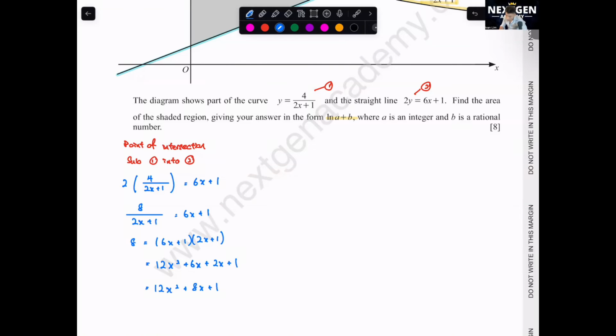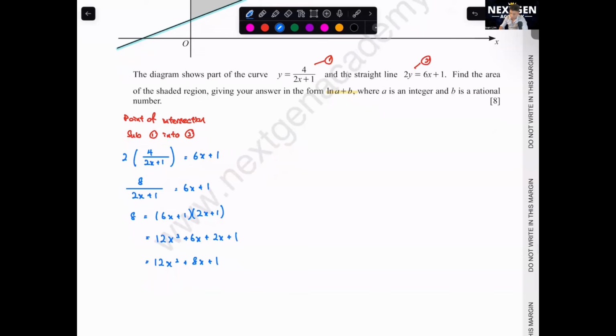Okay, is it 1? Okay, 1, right? 12x squared. Then we bring the 8 over to the other side. So here becomes 12x squared plus 8x minus 7 equals to 0.